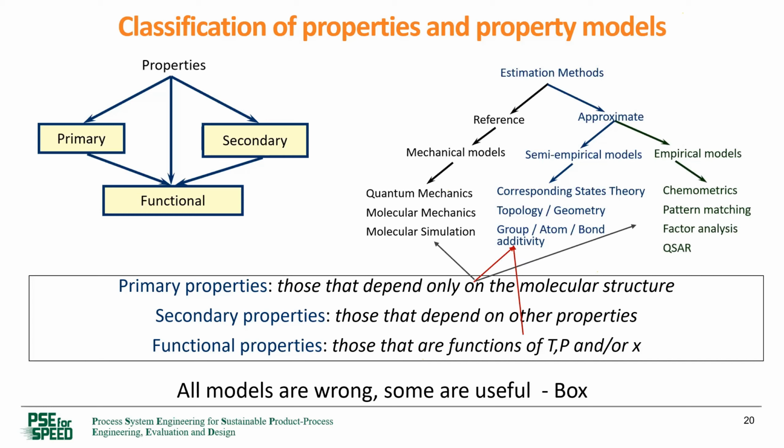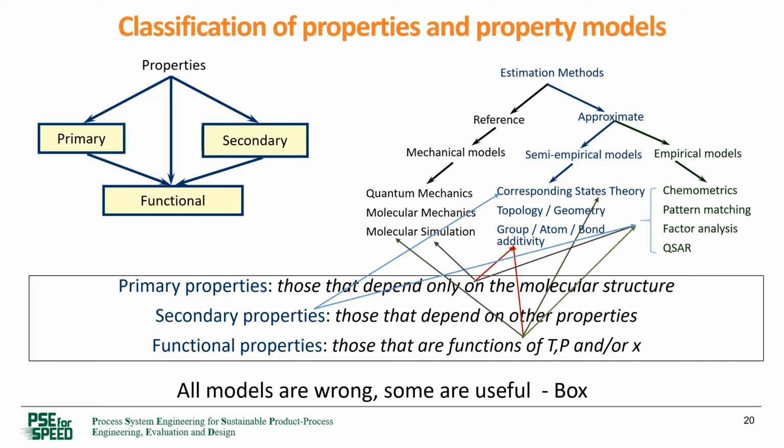But these primary properties can also be obtained from molecular modeling as well as direct data fitting. For secondary properties, usually corresponding states theory is used and also direct fitting of the data. For functional properties, almost everything is possible.